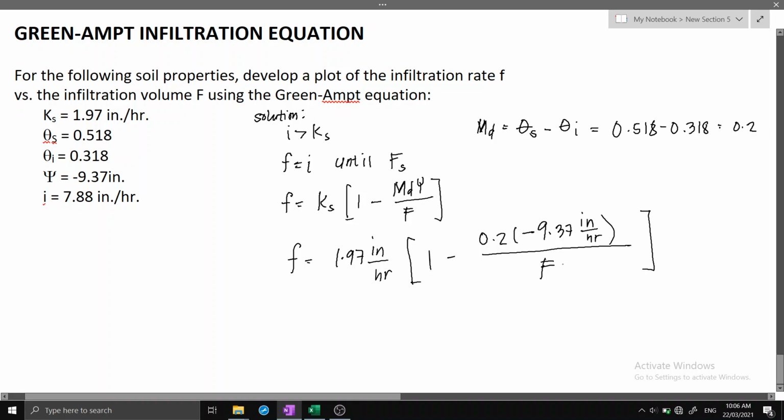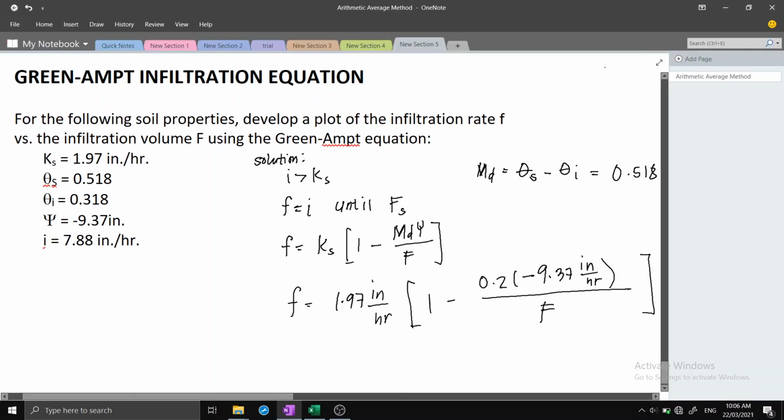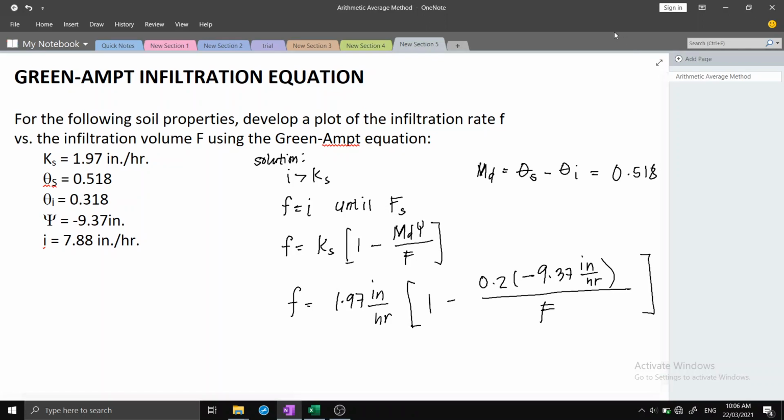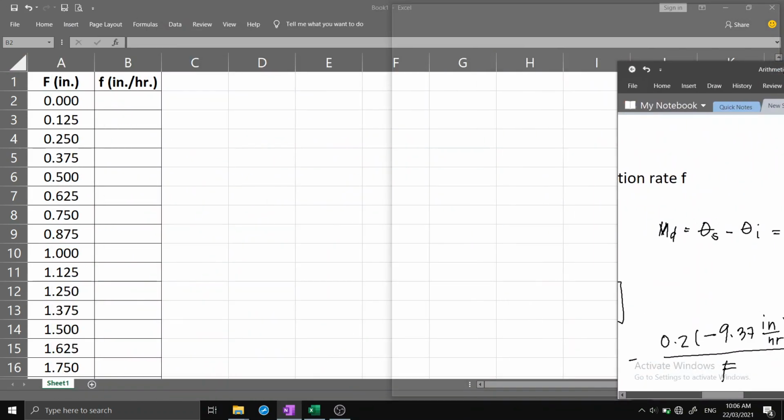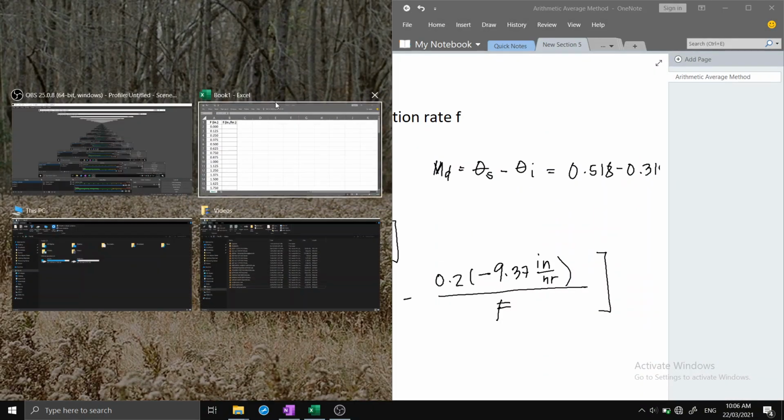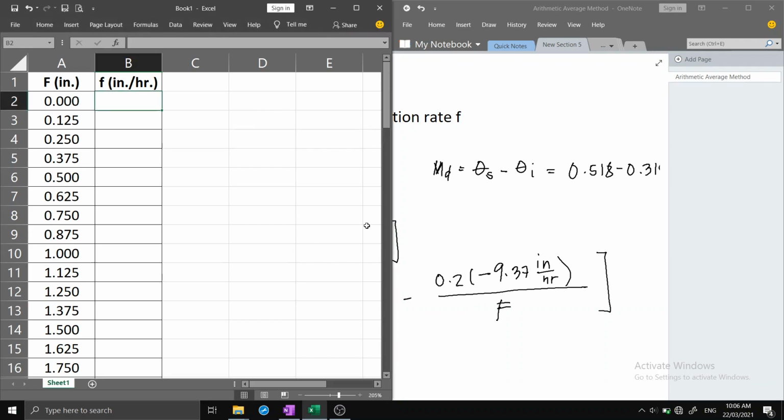So we are going to use Microsoft Excel in order to plot the infiltration rate versus the infiltration volume.